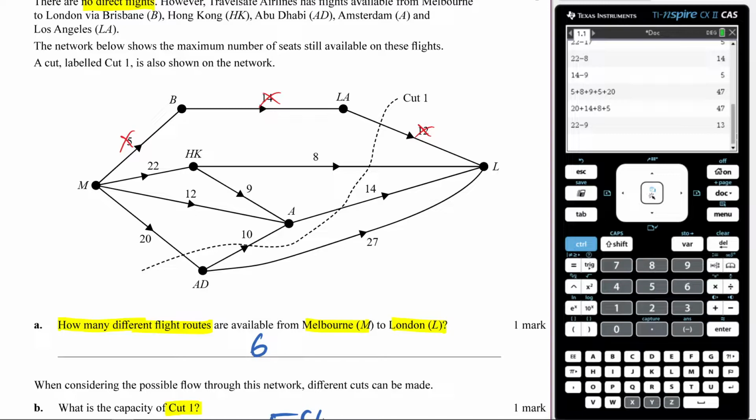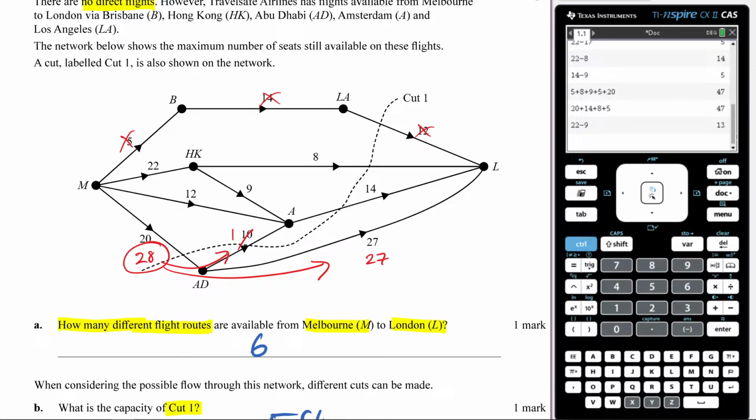Another point in which it's pointless to go through would be down here. For instance, if I was to make this 28, well, this pathway here can only maintain 27. So even if I was to push 27 people through here, how many more people would I have? Well, now I could only push 1 person through there, couldn't I? Because I've got 28 here. I'm sending 27 that way.